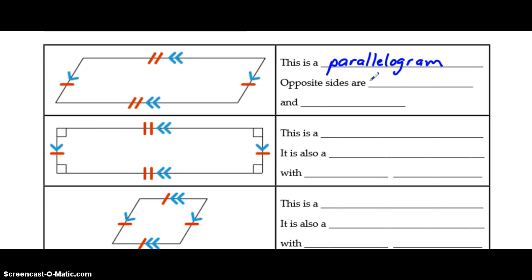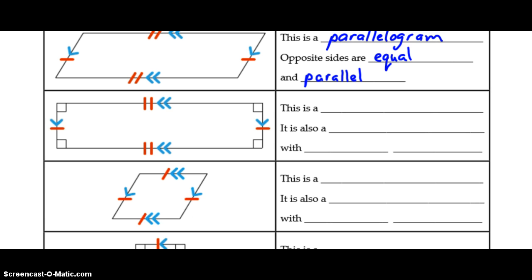And in a parallelogram, opposite sides are equal, which is what those ticks mean, and parallel, which is what those arrows mean. So any quadrilateral that has equal opposite sides and parallel opposite sides is called a parallelogram.